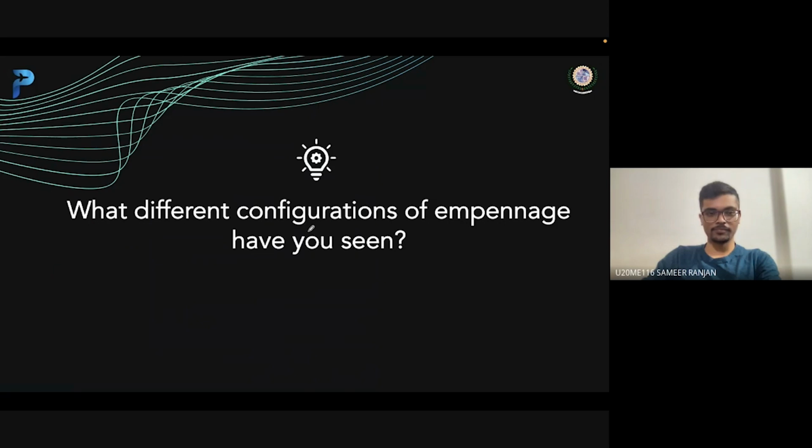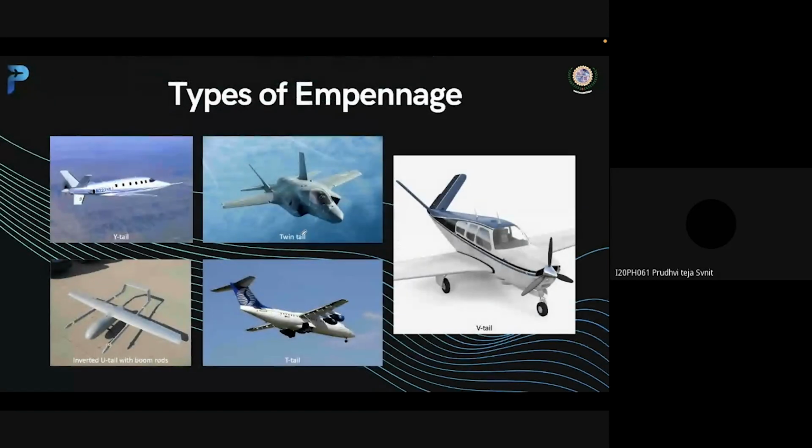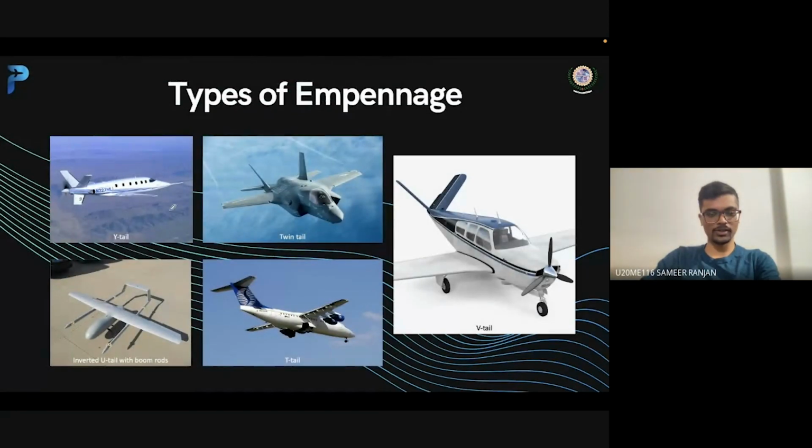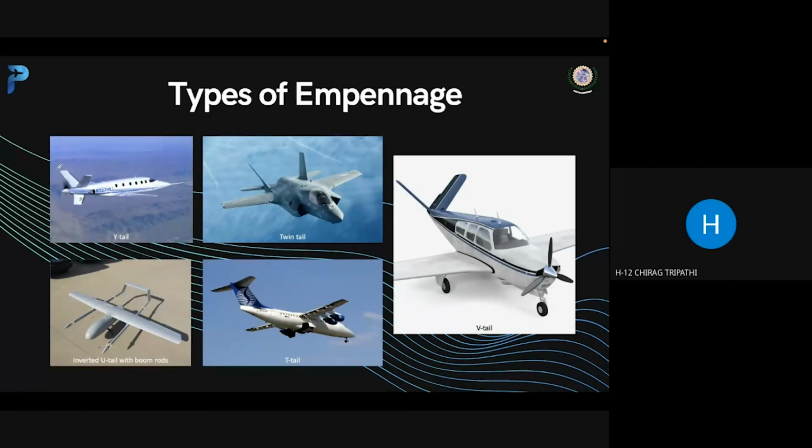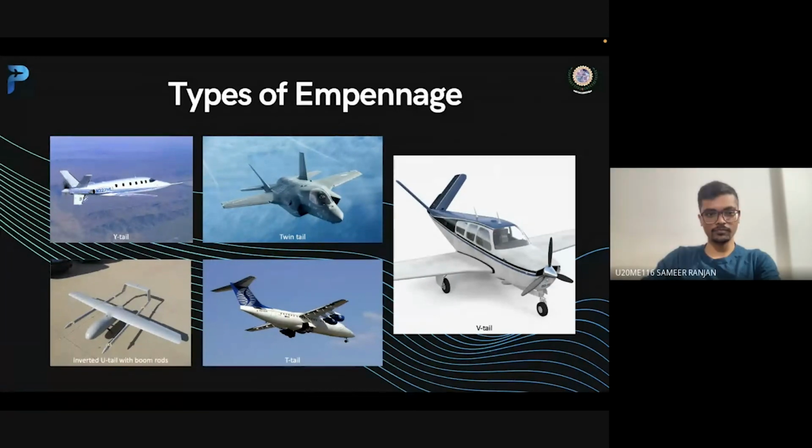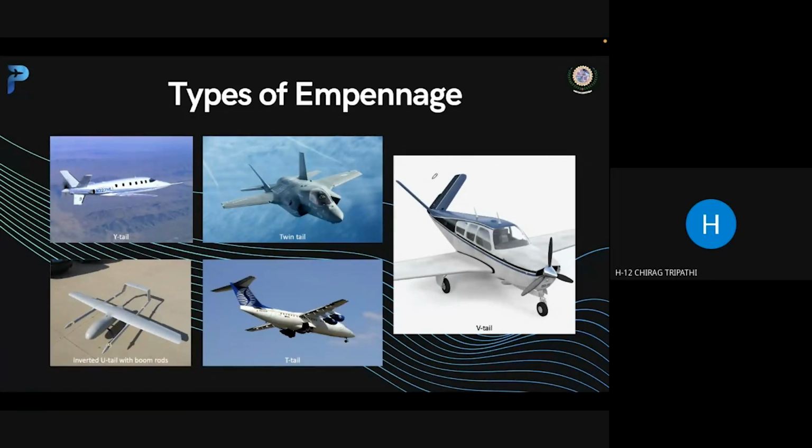Any names? Okay. I haven't seen, sir. No problem. These are different types of empennage. Sir, V-shaped. Yeah, I know two: V-shaped and inverted V-shaped.